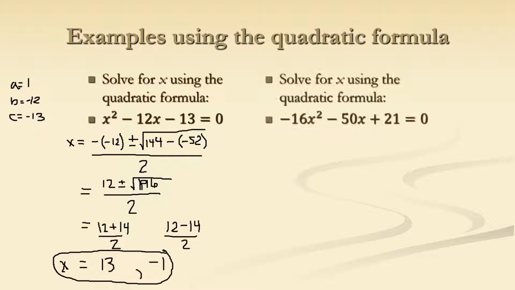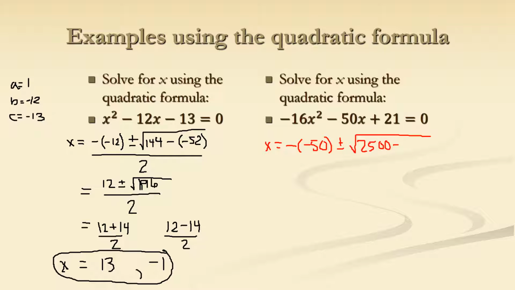Try doing this example on your own. Pause the video at this point to give yourself a chance to do it. All right, here we go. x equals negative 50 plus or minus the square root of negative 50 squared is 2,500, minus 4 times a times c.